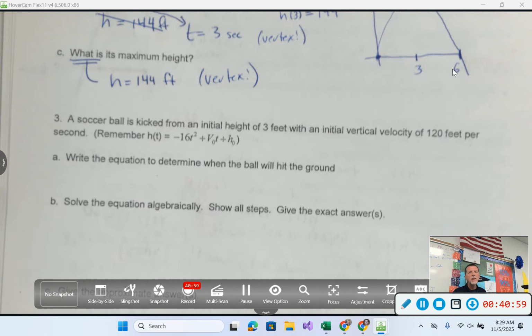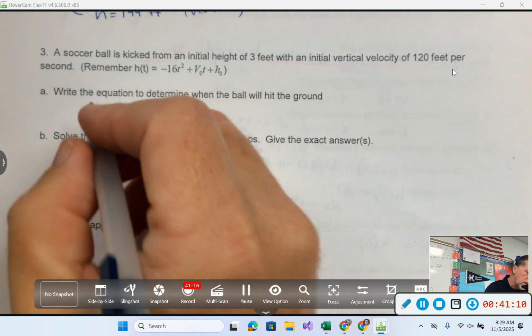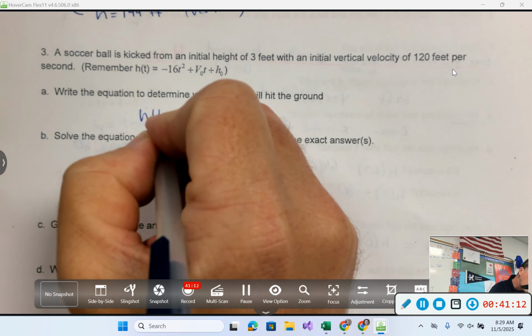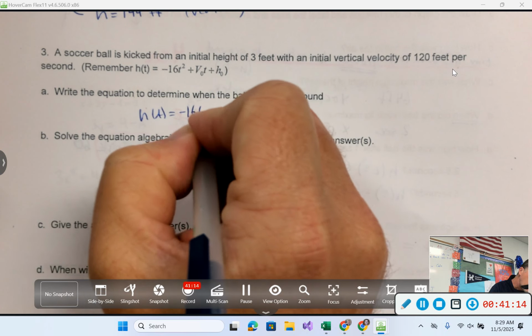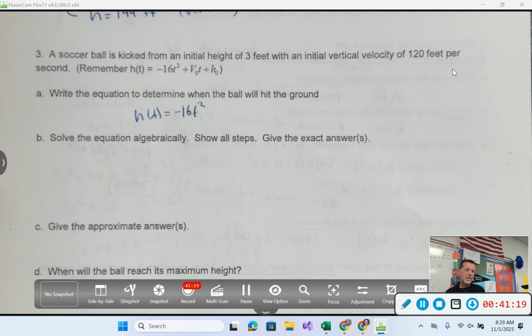Okay, number 3. Do you see what makes 3 different? It has an initial height. That's going to mess up some of our symmetry, so we're going to have to be careful with number 3. Write the equation. Okay, what's the initial velocity?